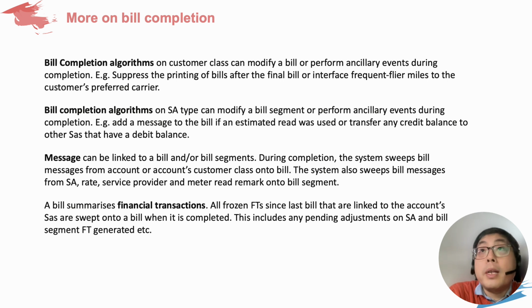Similarly, if there is a bill message on the SA rate or service provider on the rate, or the meter reads remark, for example, they can be swept onto the bill segment. Okay. Financial transaction, once the message is added onto the bill, financial transactions are swept onto the bill as well.